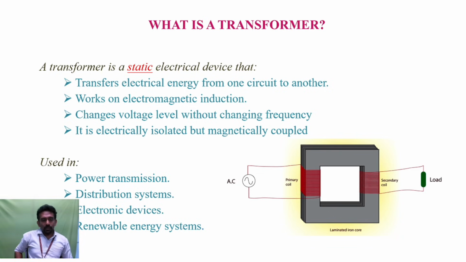So basically, Faraday's law of electromagnetic induction is used in the transformer working principle, and the change in voltage level without changing the frequency is the prime principle of working of the transformer, because if you want to step up or step down the voltage without changing the frequency of the alternating signal, we are going to use transformers.